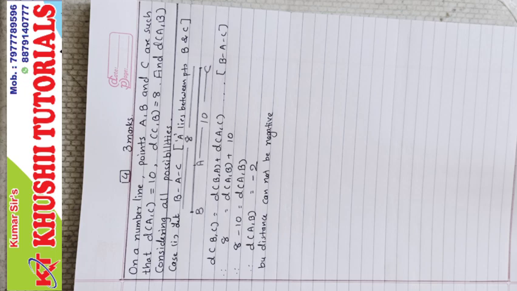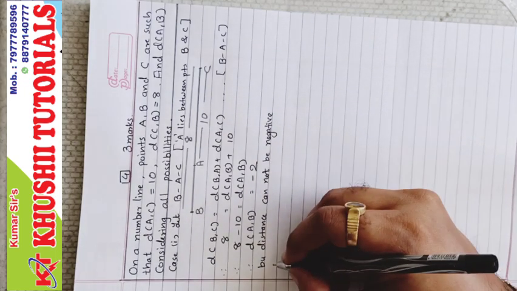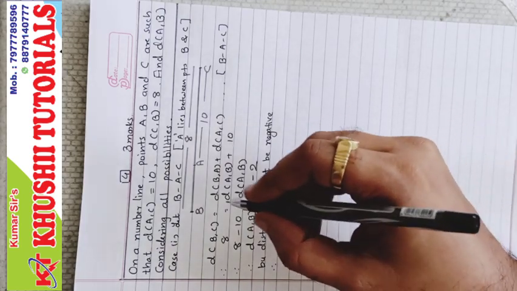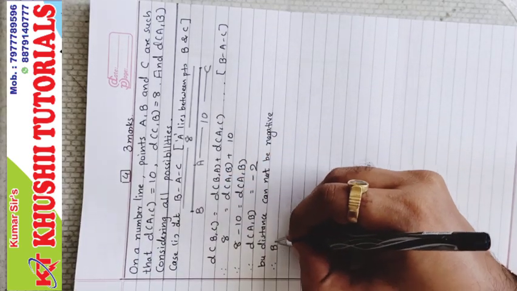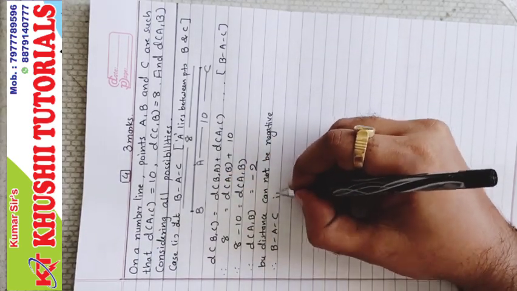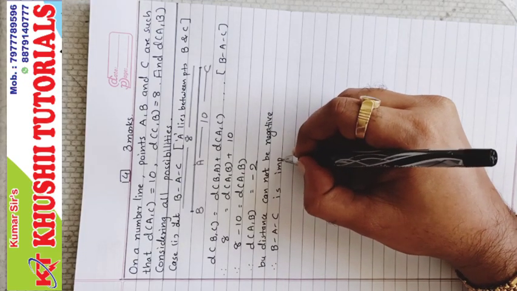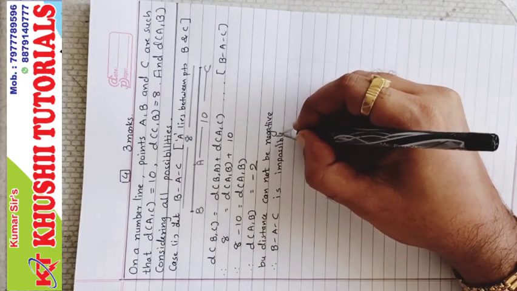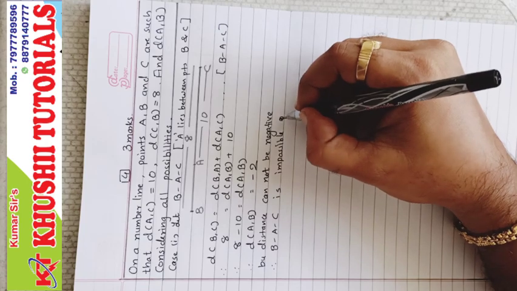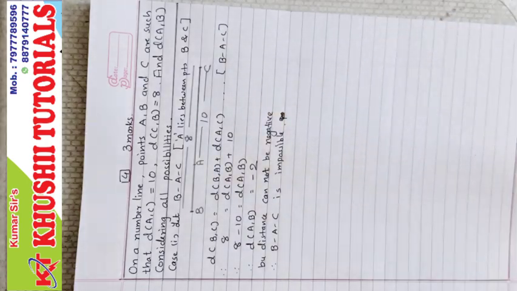Am I right? Distance cannot be negative, distance is always positive. Therefore B dash A dash C is impossible event, that's all.